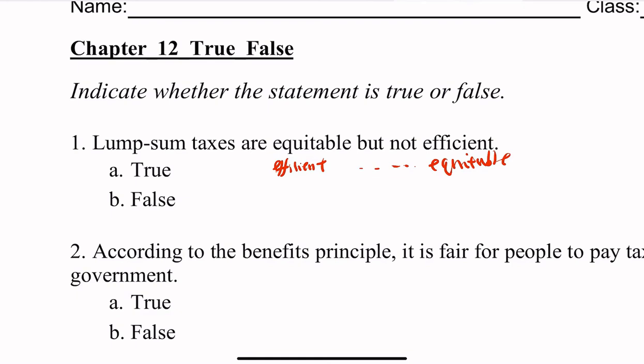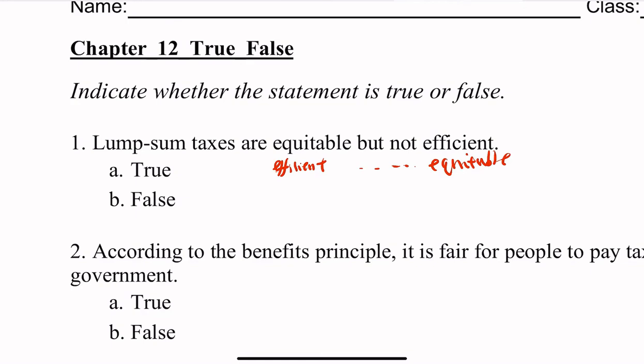And then it's not equitable because you can see that it is a regressive tax system, right? We just talked about this. According to our measure of equity of the tax system, we have to maintain vertical equity.